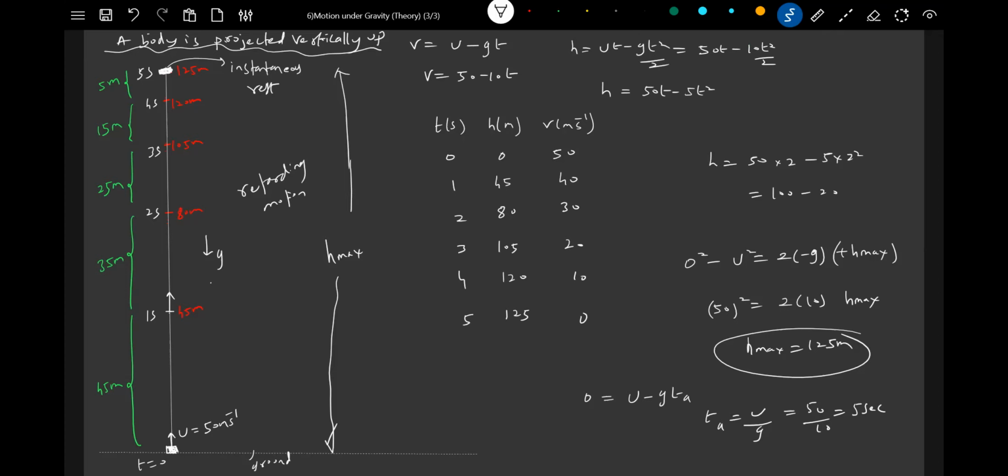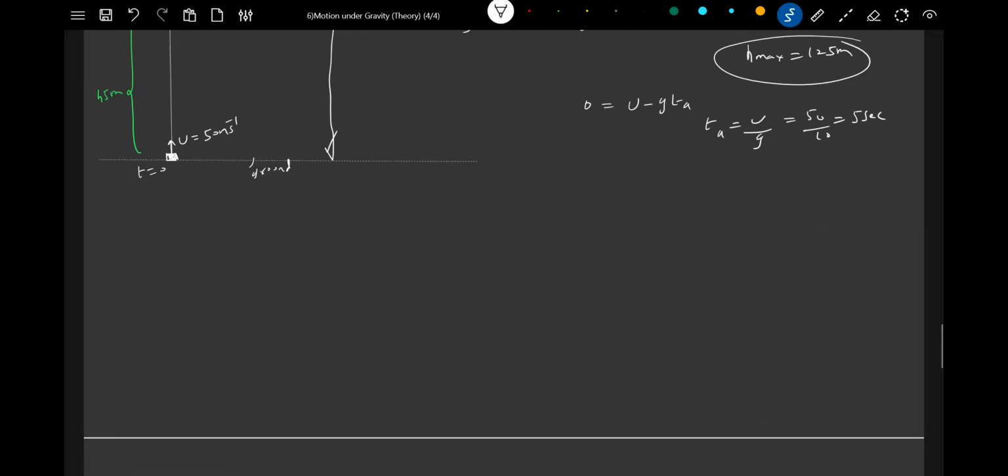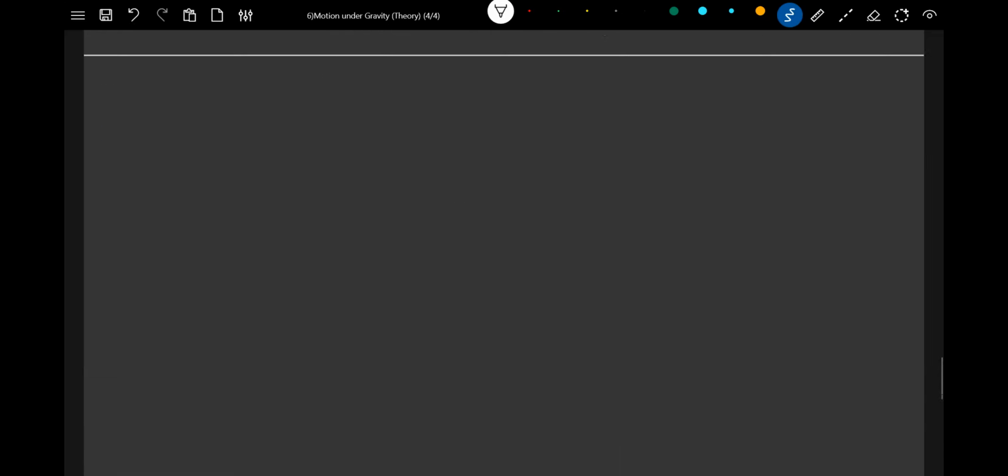Okay, this is about the vertically projected motion. Let's go for all the graphs, everything. And before that, what will happen to the average velocity, all those things? So that we have to conclude here. So again, I'll take the same. The first motion.